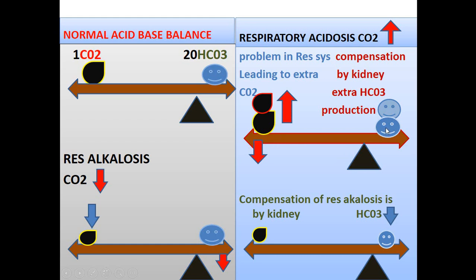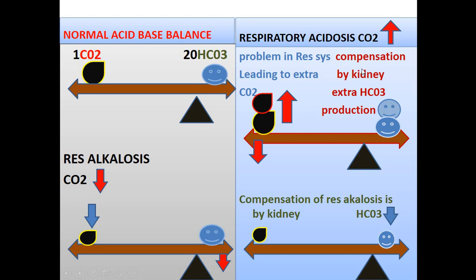Compensation. Now keep in mind one very important thing: if acidosis or alkalosis is due to a defect in one system, for example, here the problem is in the respiratory system, then this respiratory system cannot compensate for itself. It cannot correct the acidosis by itself. Now, the kidneys will come forward and try to compensate for the respiratory acidosis.